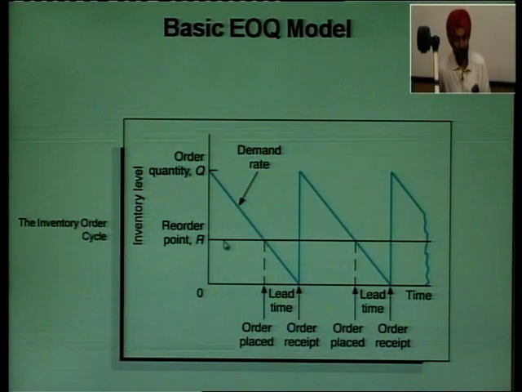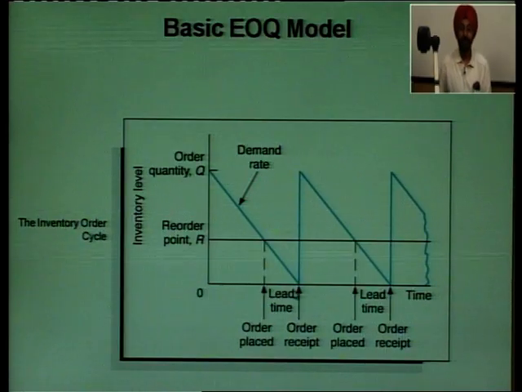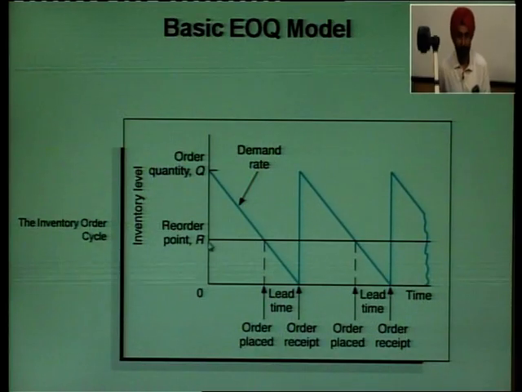So accordingly at this level, after this much time, we will give an order so that by the time our inventory diminishes to 0, we have received an order and it has again been replenished to level Q. So this period, from the day or the time we have placed an order until we receive the order, this time is known as lead time, and this is the level of quantity at which we give reorder, or order for the replenishment, that is known as reorder.